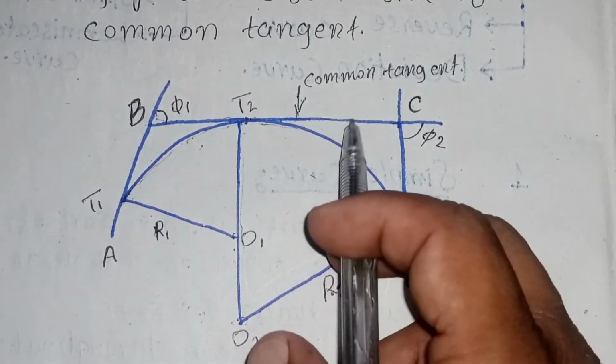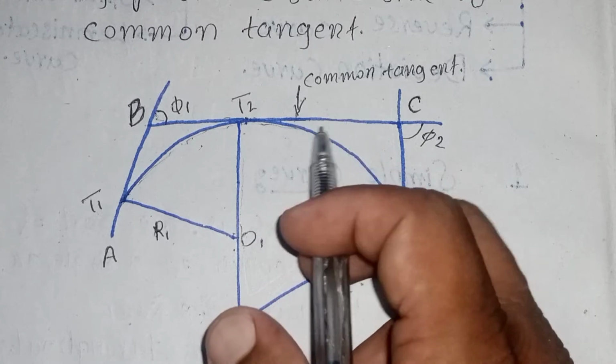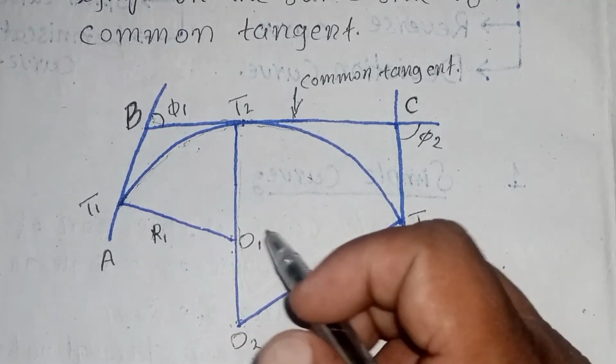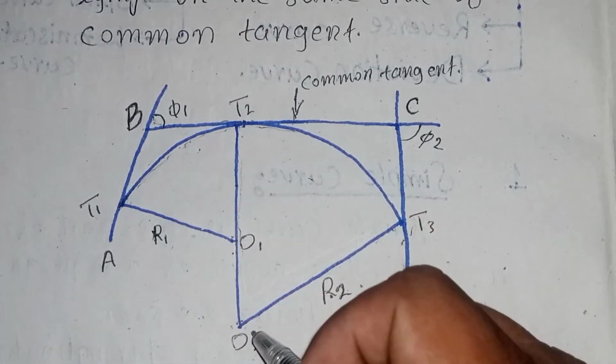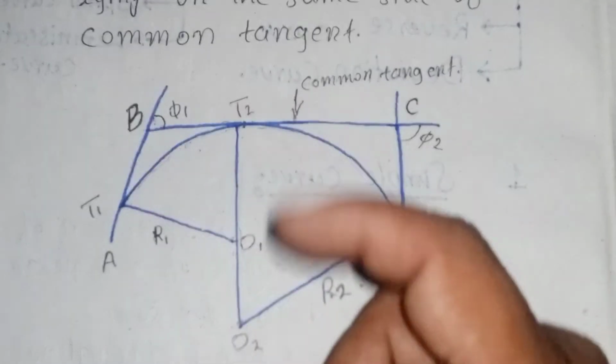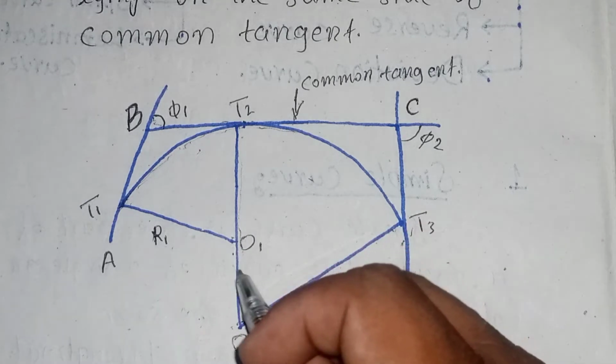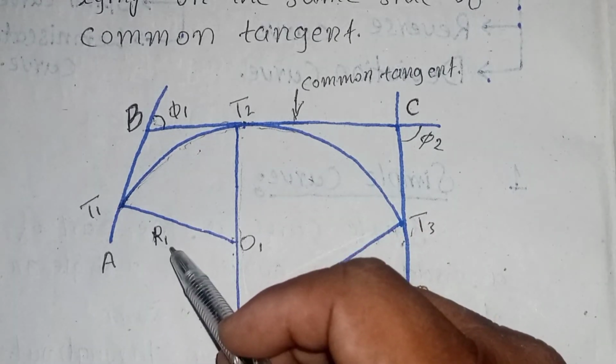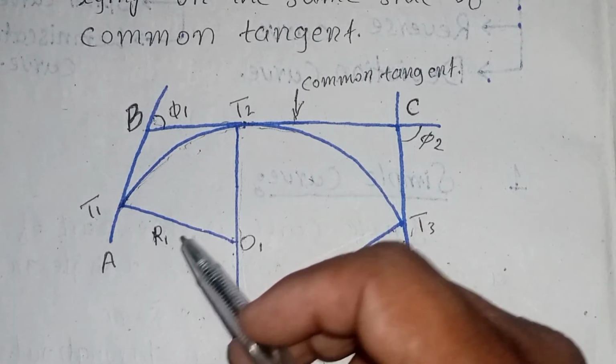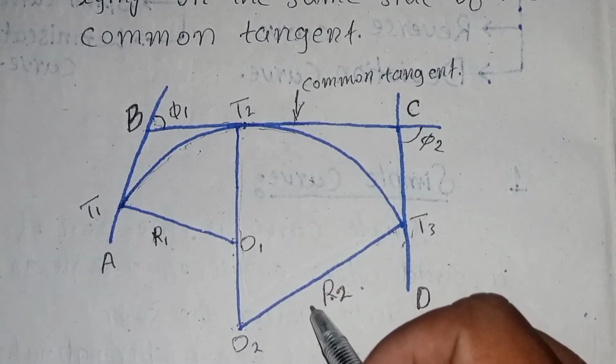You can see that this is a common tangent, and the centers of both curves are lying on the same side. But one point is that the radii will be different from each other, which means the radius of the short curve will be different from the long curve.